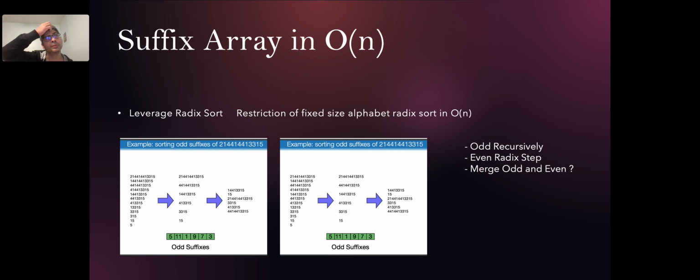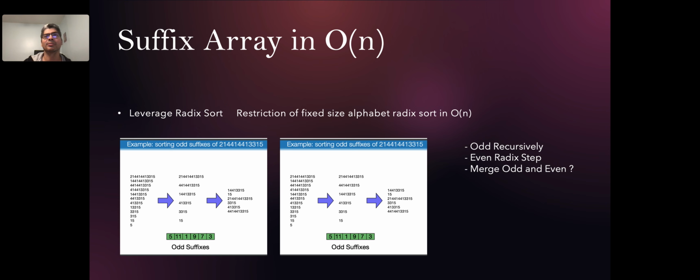So how do we build a suffix array in linear time? Well, we leverage radix sort. We have already seen this in class. With radix sort, we can sort one part, and then the other part is already fixed.